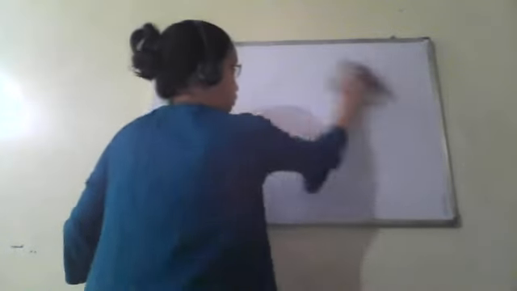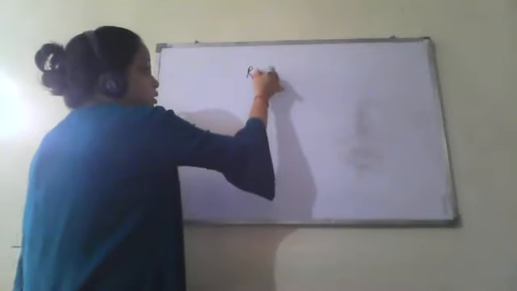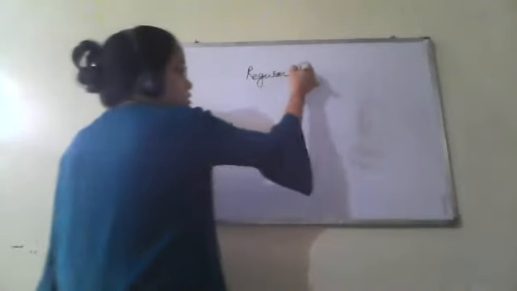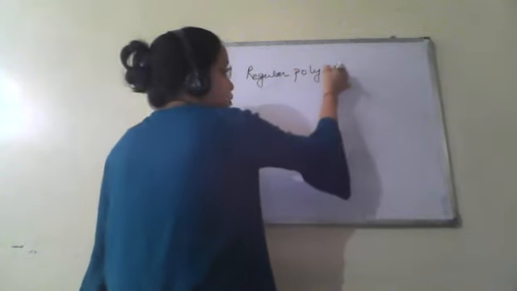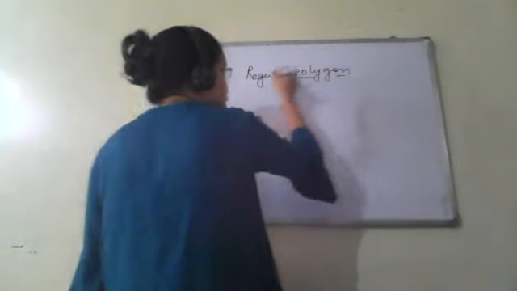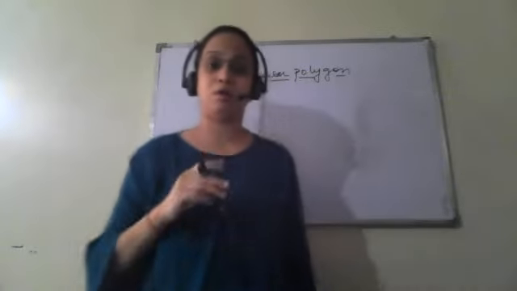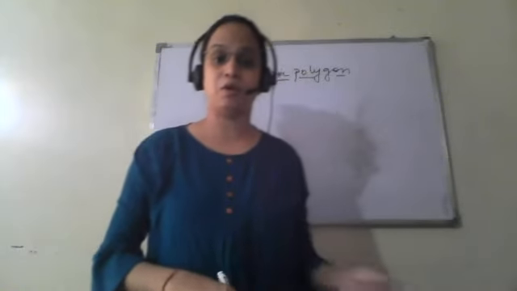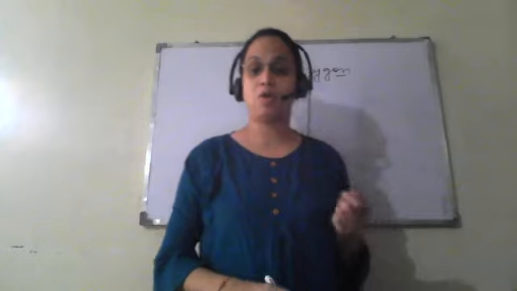Now in case of a regular polygon, regular polygon means it is equiangular and equilateral, meaning all the interior angles of the polygon and all the sides of the polygon are equal.